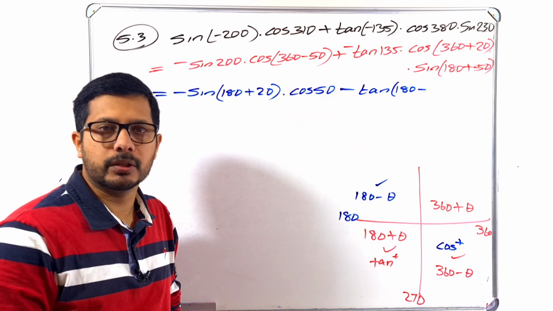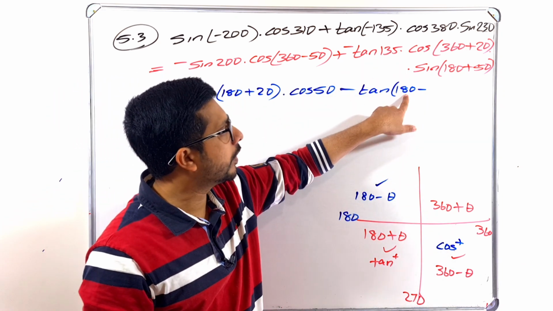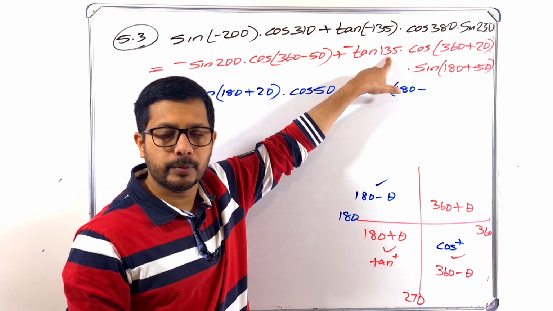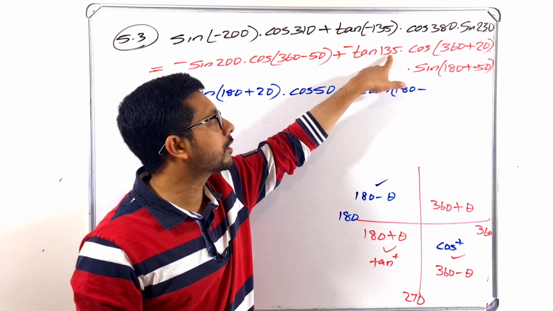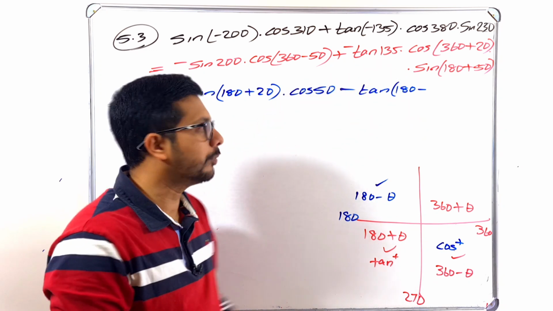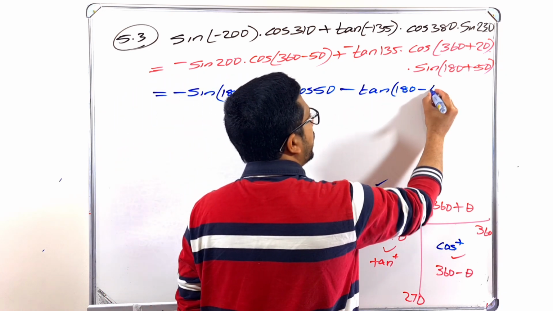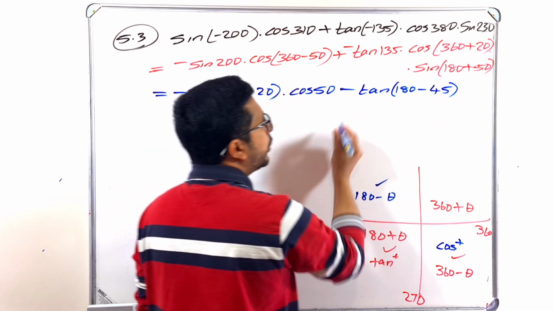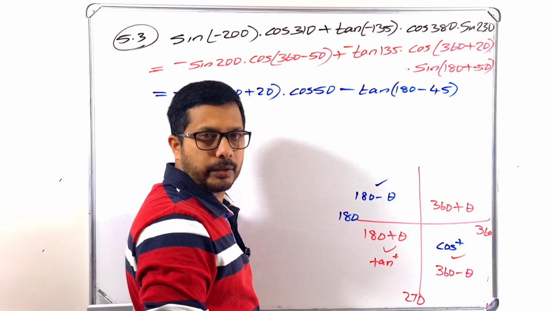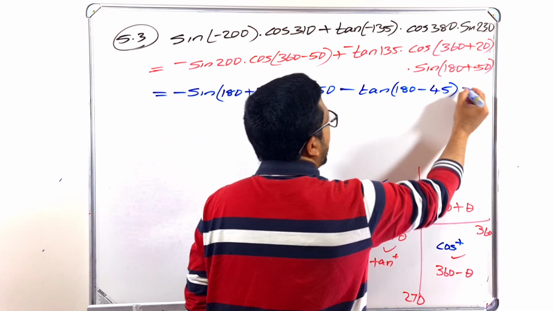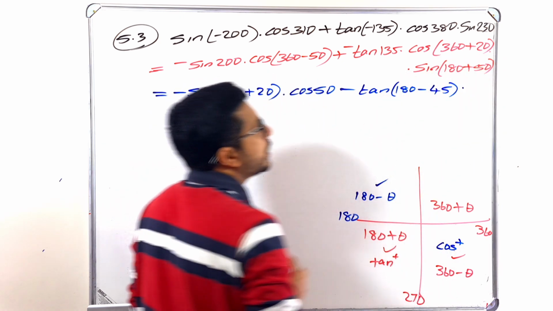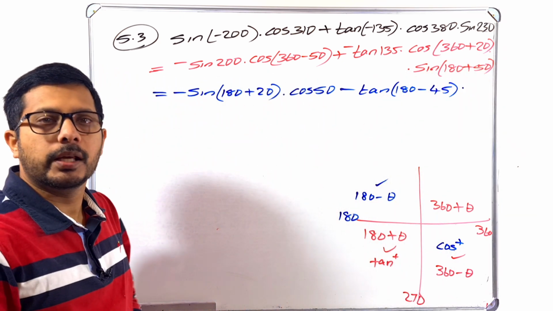That is what you want to check. You can subtract: what is 180 minus 135? 45. So 180 minus 45 is 135. Then times cos of 360 plus 20.